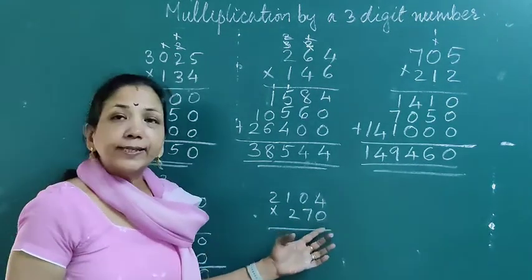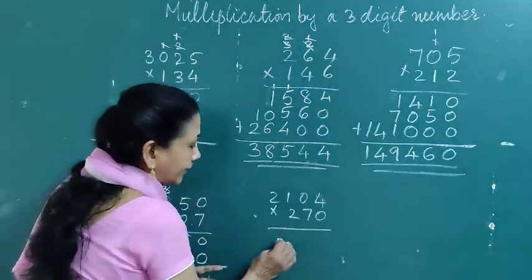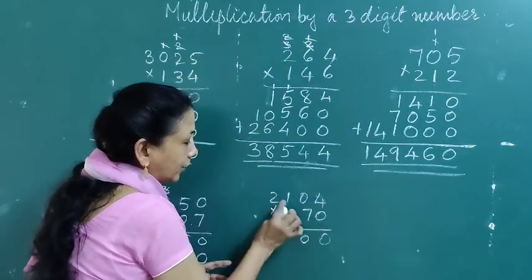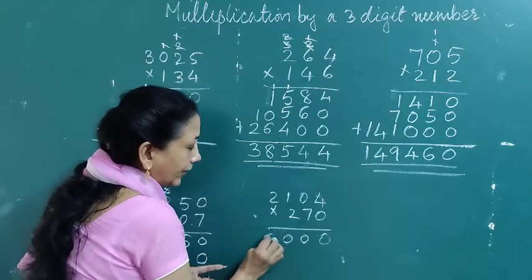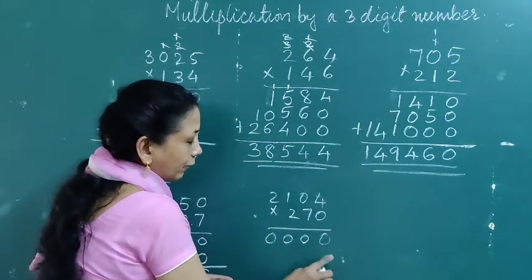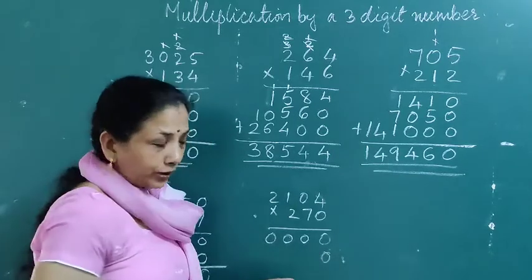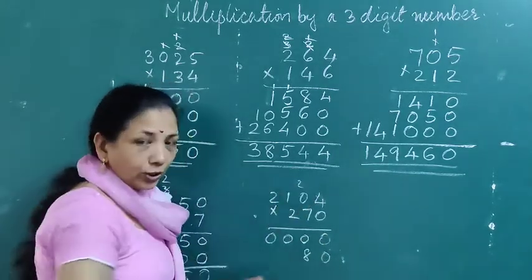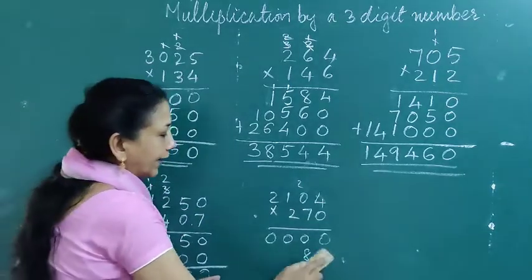Now another one you see. Here ones place is 0. So all digits will be 0. 0, 0, 0. 0 1 is 0. 0 2 is 0. Then tens place 7 4. Ones place 0 you put. Then 7 4 is 28. 2 8. Instead of that, ones place 0.